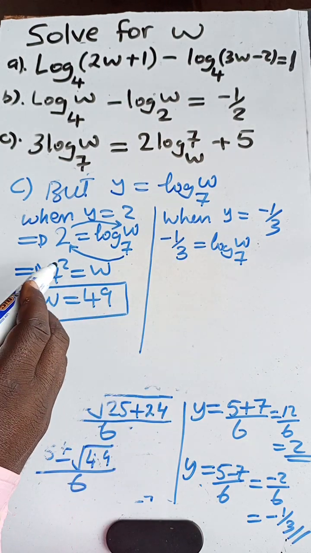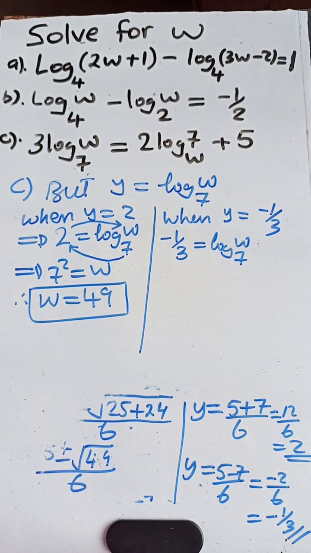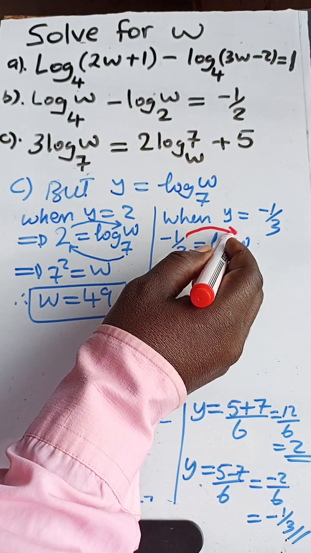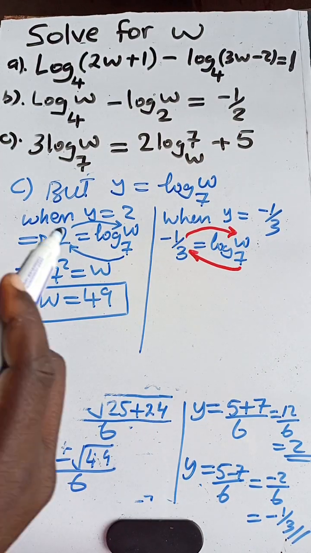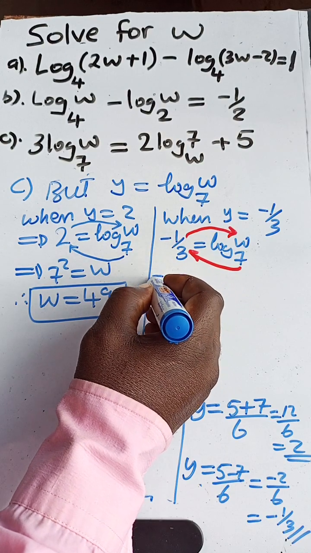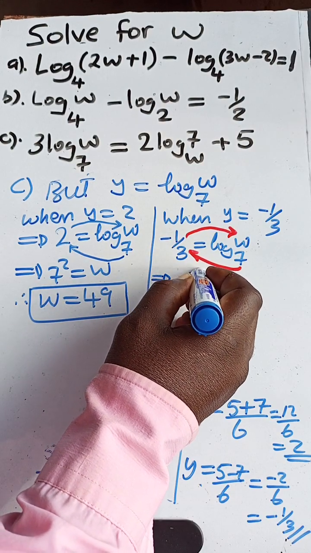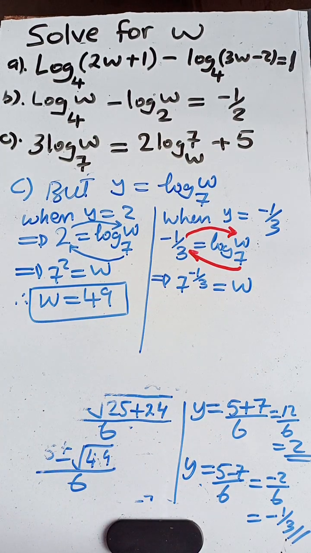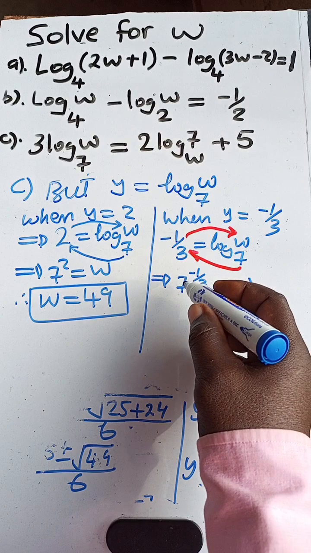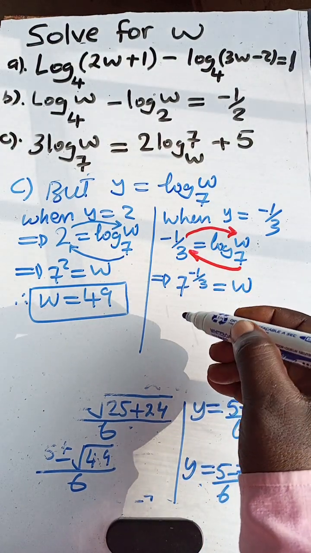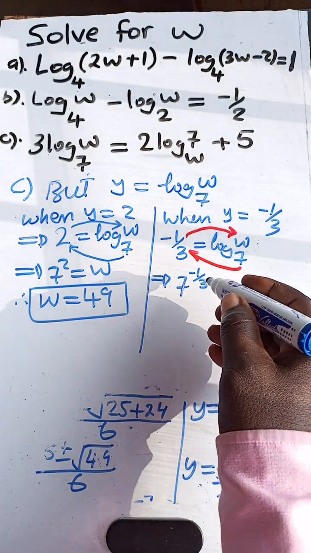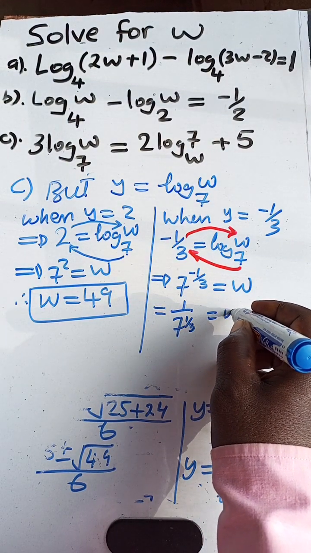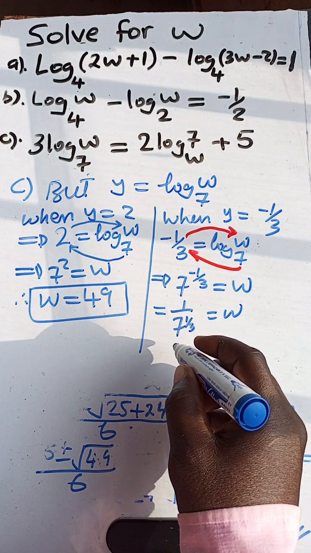Again, just like we did here, this base raised to this power will give us that argument. So we're saying 7 raised to the power minus 1/3 will give us W. If we interpret this carefully, power negative 1/3 means 1 all over 7 to the 1/3 is W. And power 1/3 means cube root.